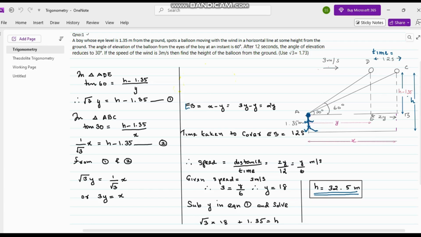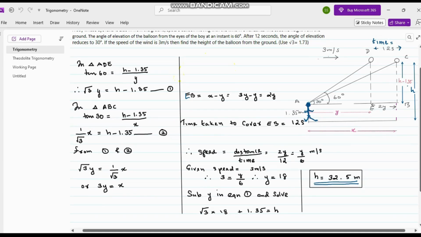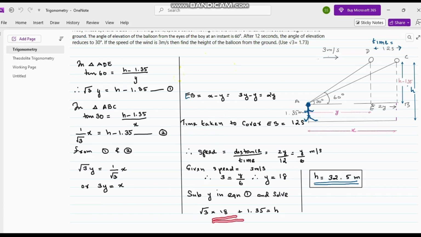The h is obtained by transposing minus 1.35 to the left hand side and substituting y as 18. So we get root 3 into 18 plus 1.35 equal to h. From this we can calculate the value of h as 32.5 meters.